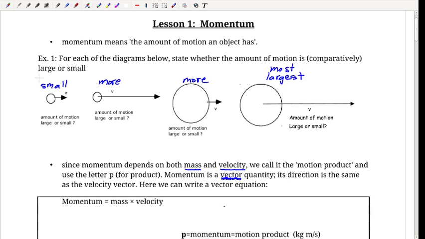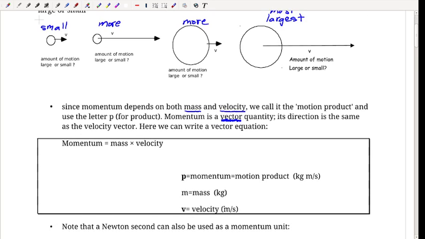So here we can write the vector equation. Your momentum, p vector, is equal to your mass, m, times your velocity vector. So mass is a scalar, it can multiply a vector, no problem, and my direction is going to match with both of those. The units for momentum are going to be, well, mass is measured in kilograms, that's my base unit, and velocity is measured in meters per second, so we can say kilograms, meters per second.